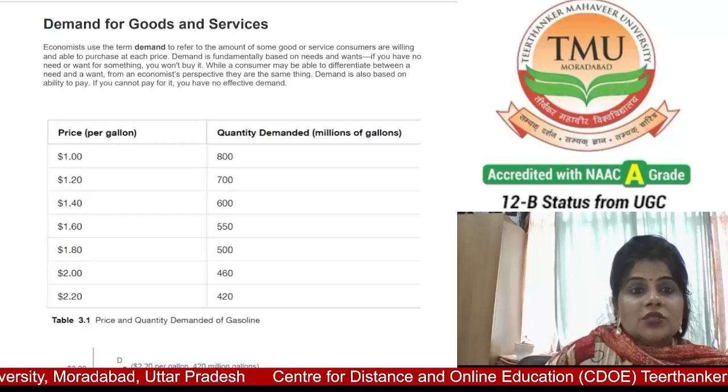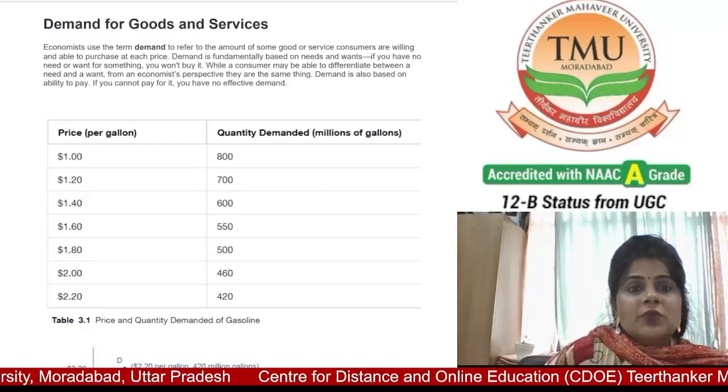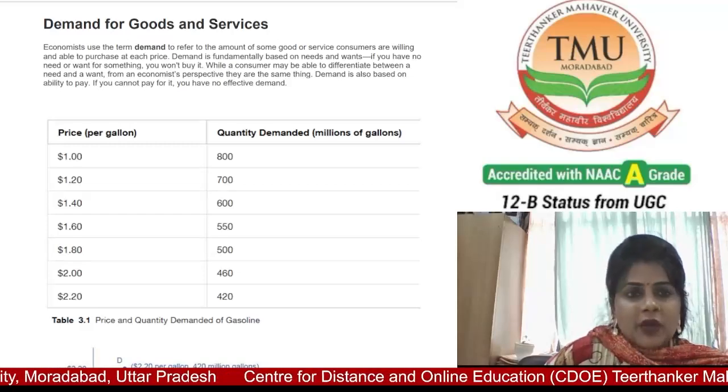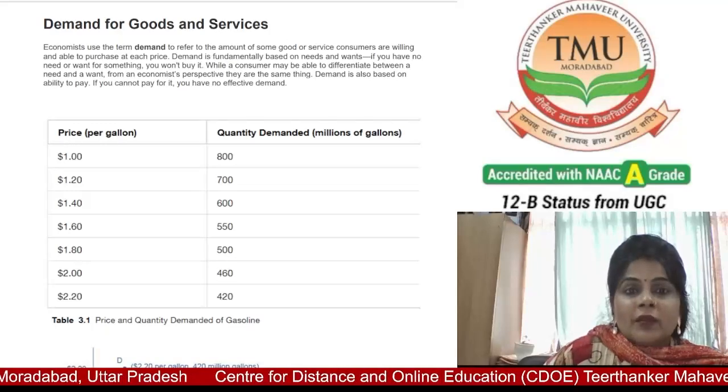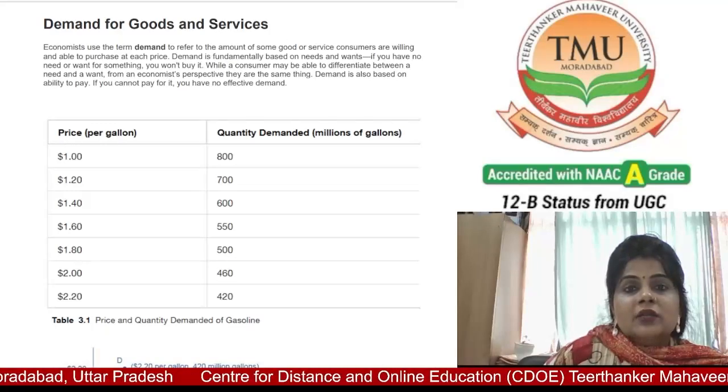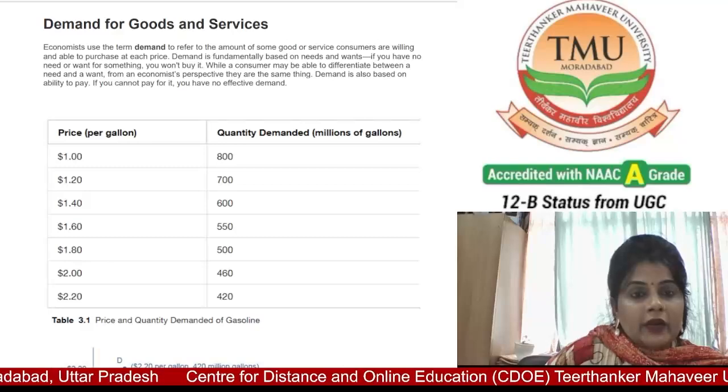So here in this schedule, you can see price per gallon. When the price is $1, the quantity demanded is 800 million gallons.